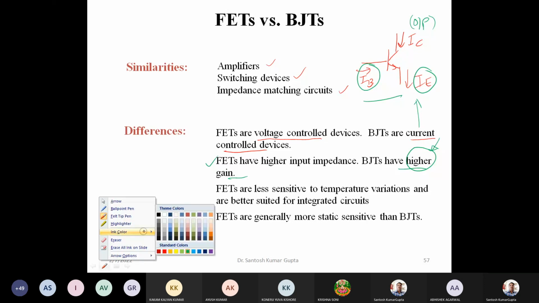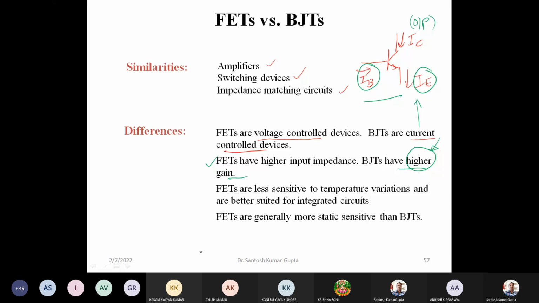If we look at the input impedance comparison, in a BJT the input junction, where we apply the signal between base and emitter, is mostly forward biased, and a forward biased junction gives a smaller resistance.